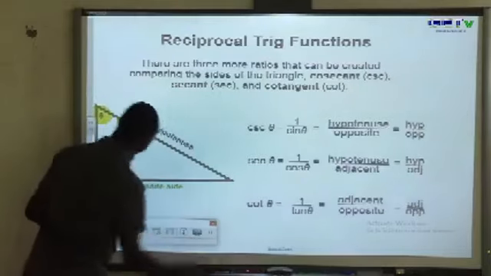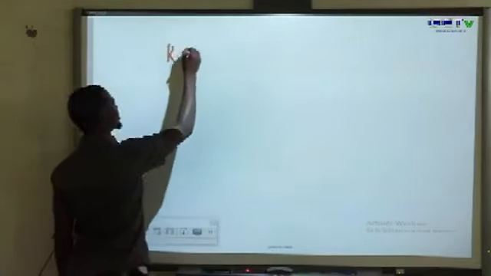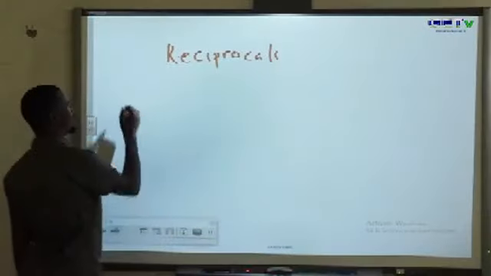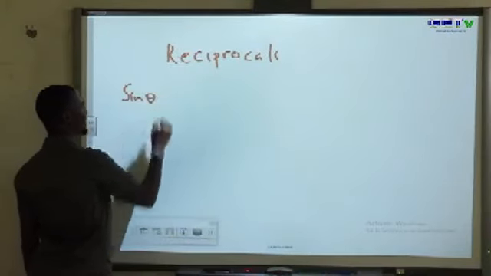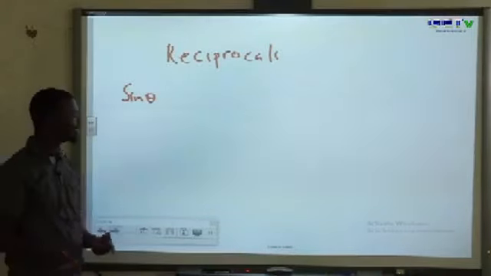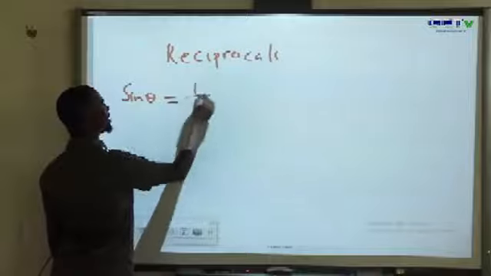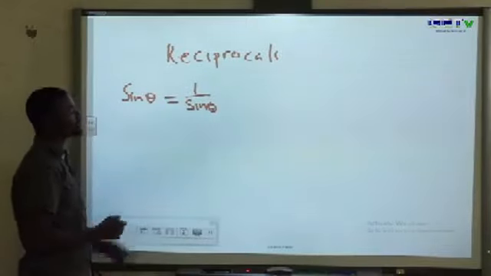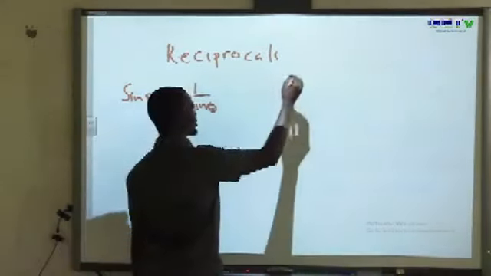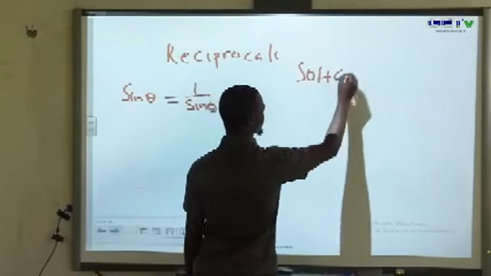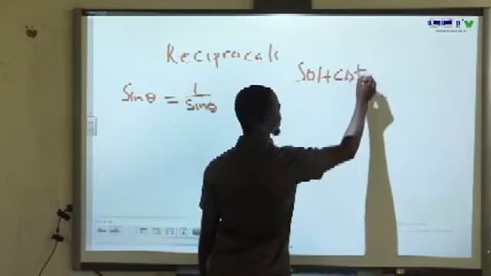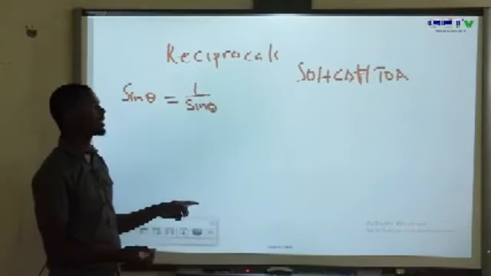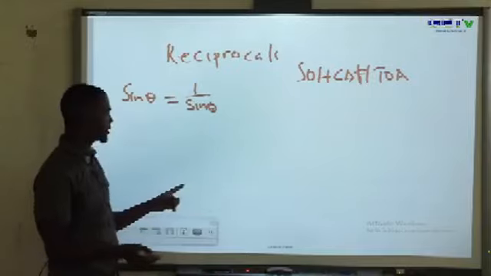Now we have reciprocals. We look for sine theta. What is the reciprocal of sine theta? This will be the same as 1 over sine theta. Now you know previously that, if you follow the SOHCAHTOA, sine theta is the same as opposite over hypotenuse.